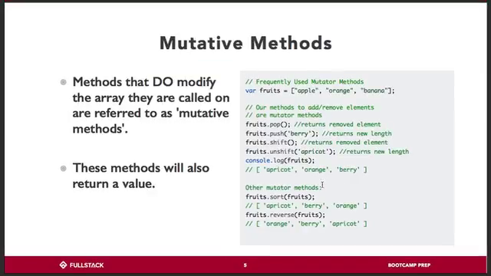Yeah, so here's pretty much all the mutative methods. Pop, push, those remove from the end or add to the end. Shift, unshift, that's the beginning, adding, removing from the beginning. Sort, reverse. Sort is based off a function you pass in, or alphabetical by default, I believe. And reverse, obviously, will make the last element the first, and so on.